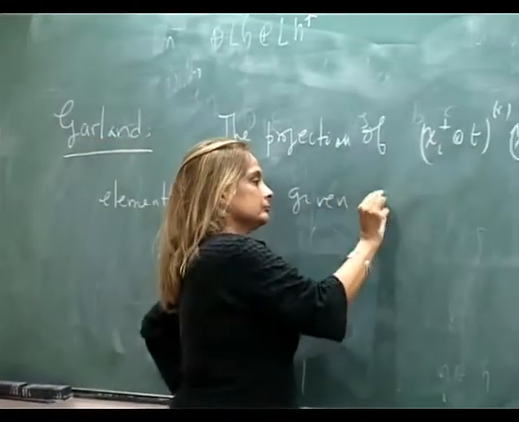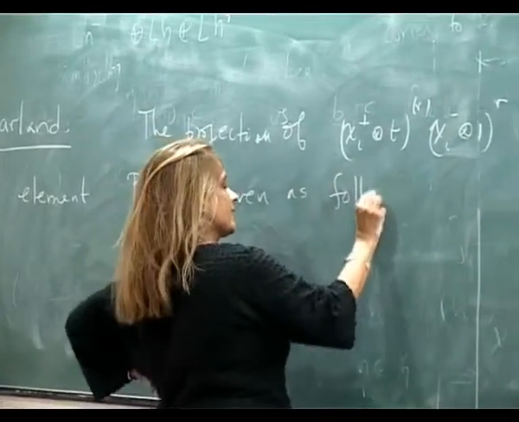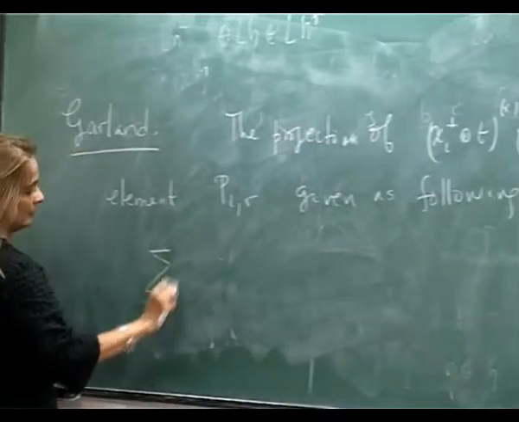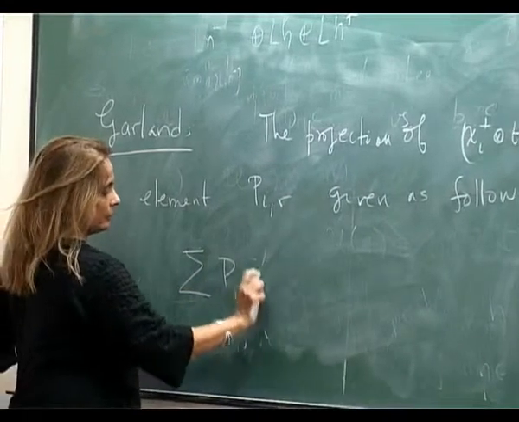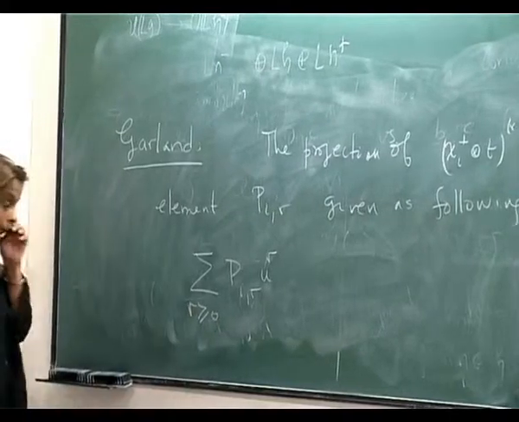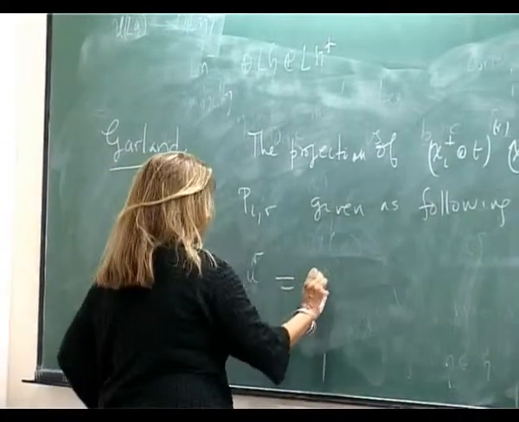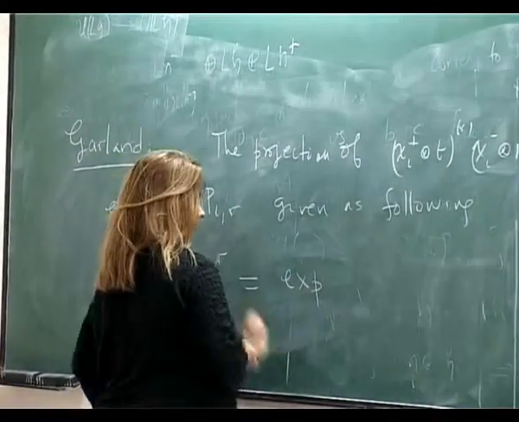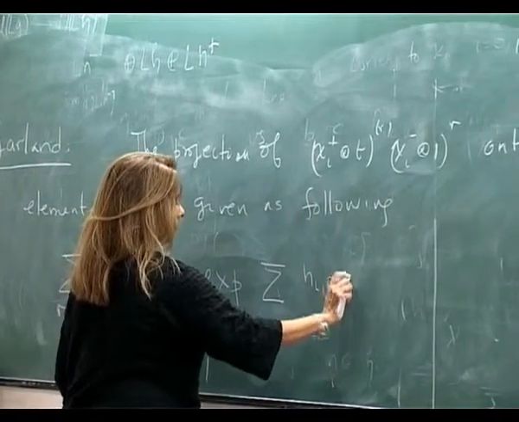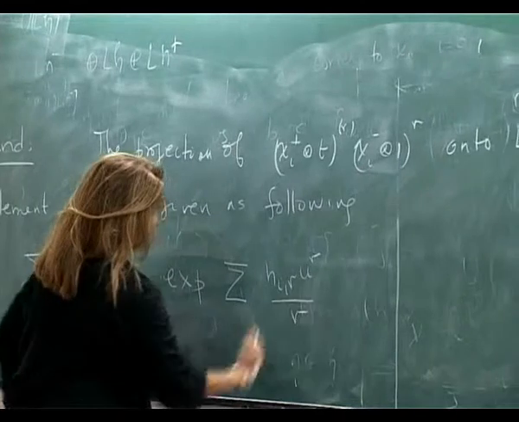We'll write it as a generating series. So this is the summation of PIR u to the r, here for the moment taking r greater than or equal to 0, and this is equal to the exponential of the summation of HIR u to the r over r.